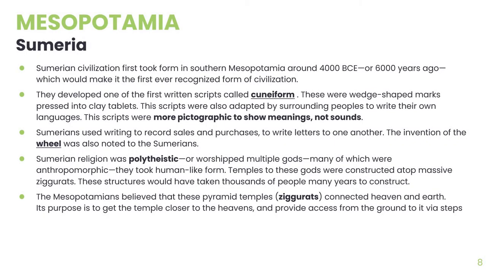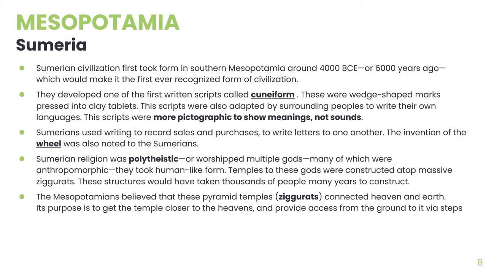So we begin with the Sumerians. Okay, so the Sumerian civilization was considered the first ever recognized form of civilization. Imagine, 6,000 years ago. Southern Mesopotamia siya.